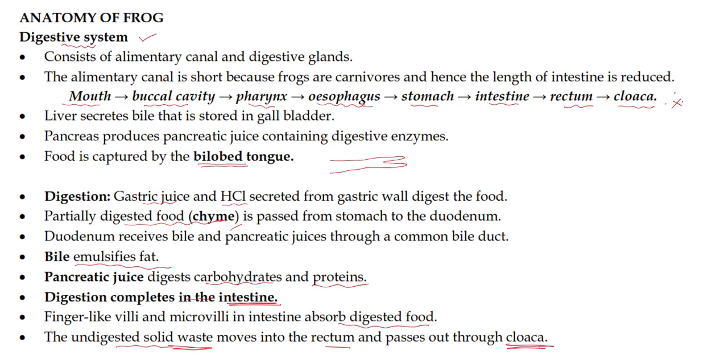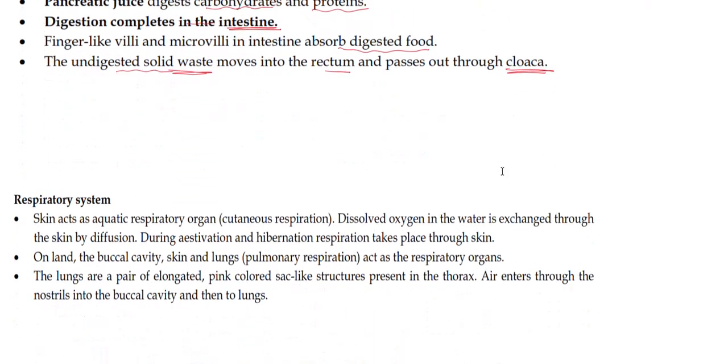As I already told, the solid waste, fecal material, goes out through the cloaca. So the points to remember here are the pathway of food transport, the bilobed tongue, and the function of the bile. Important. Then next system.